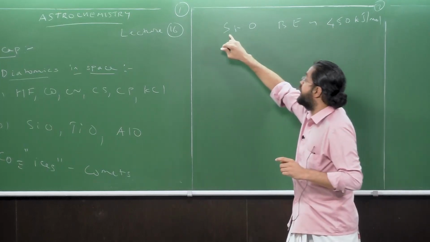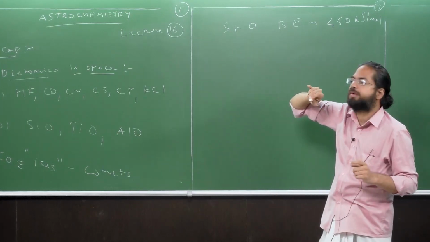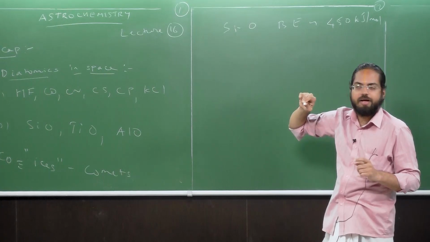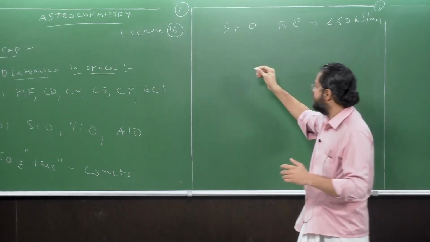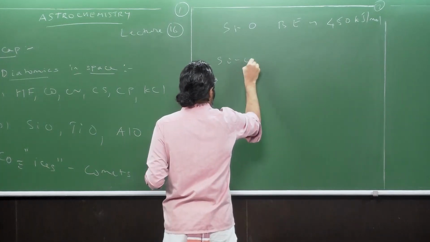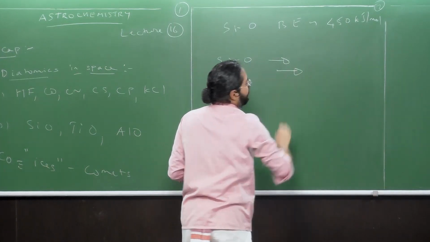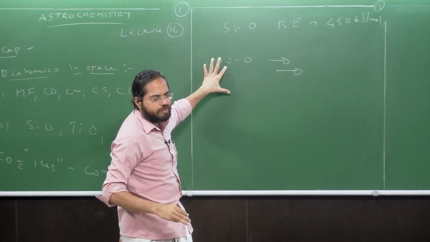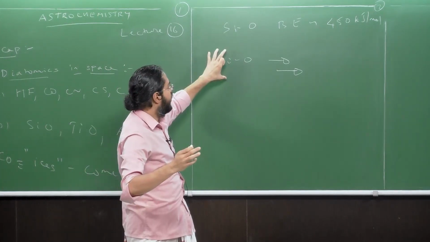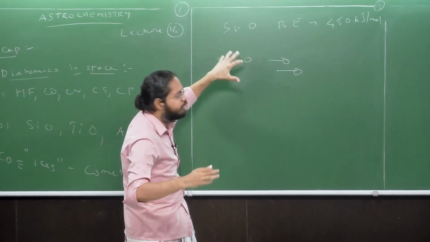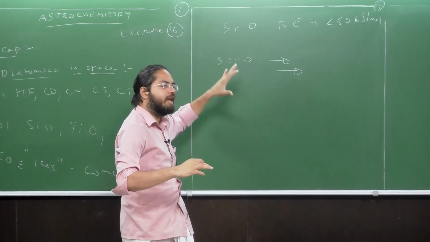The SiO bond is actually very strong. The SiO bond is exceptionally strong. And what is the normal valence of silicon? So your SiO can further react. For example, in the molecular clouds in the ISM, SiO can further react with a similar species. I'm not going to depict the exact equation.